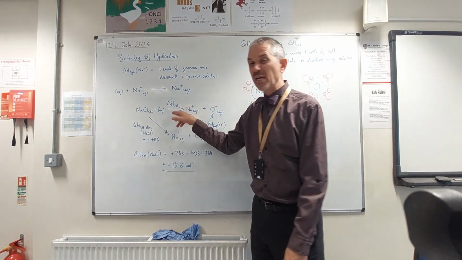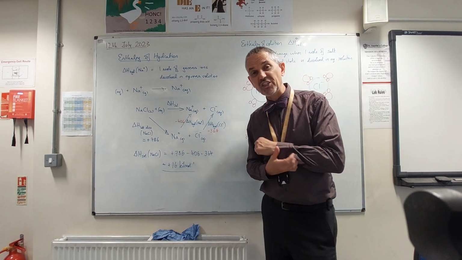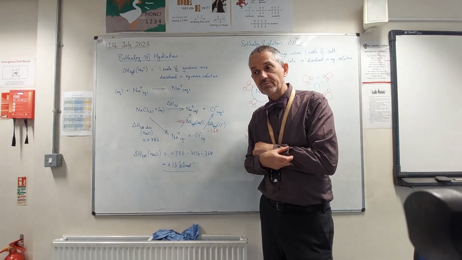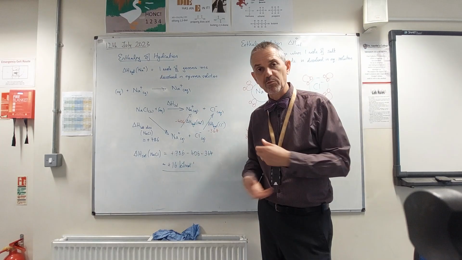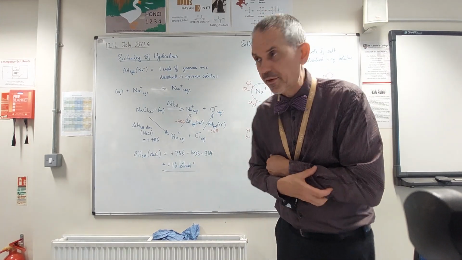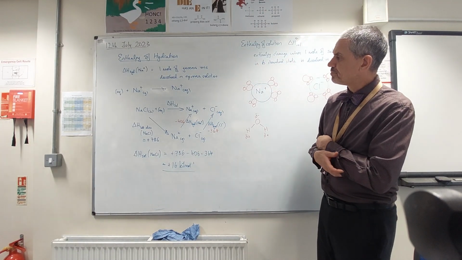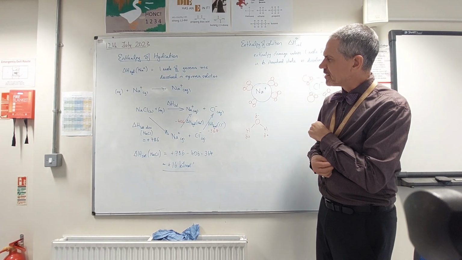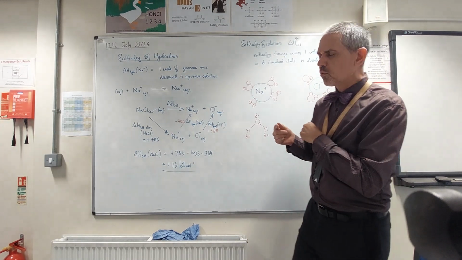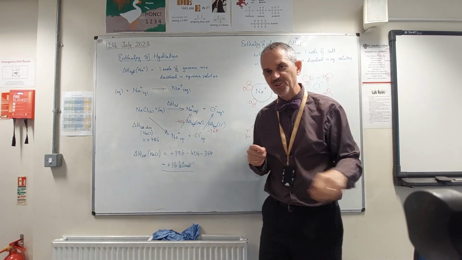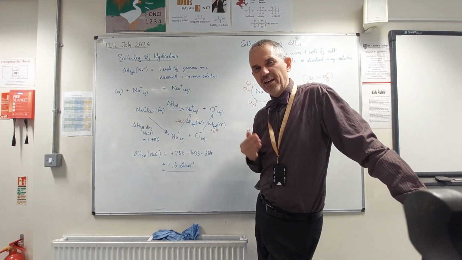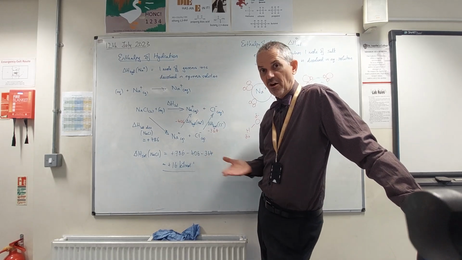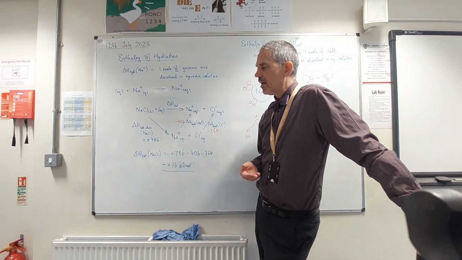If this is a big positive number, if we have to put a lot of energy into dissolving a substance, then it won't dissolve, not at room temperature anyway. Another thing we could note here is, why does the reaction happen at all? If it's endothermic, it's kind of uphill as far as the universe is concerned.